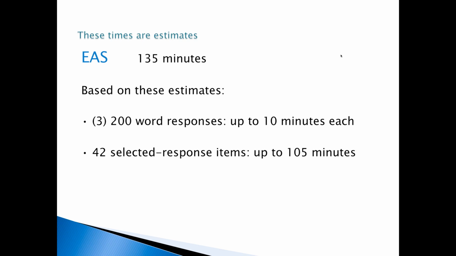They expect them to be more straightforward and not take as much time to construct. And we'll take a look at why this probably will be true for you. And there are 42 selected response items. And they're giving you actually a little bit less time for 2 more questions. So these selected response items perhaps are less complicated than they are on the other exam.